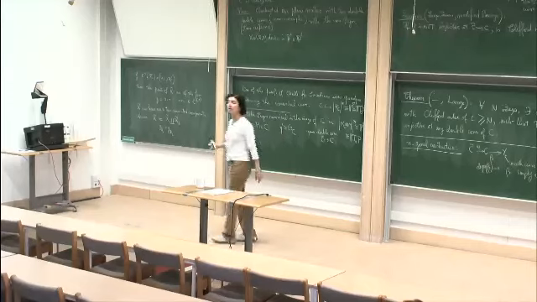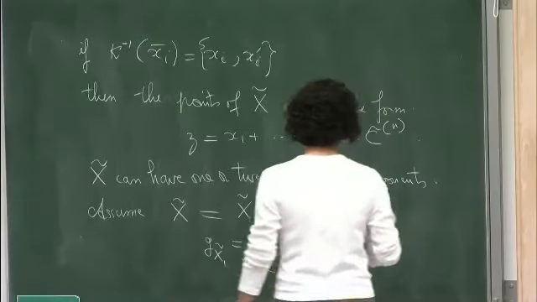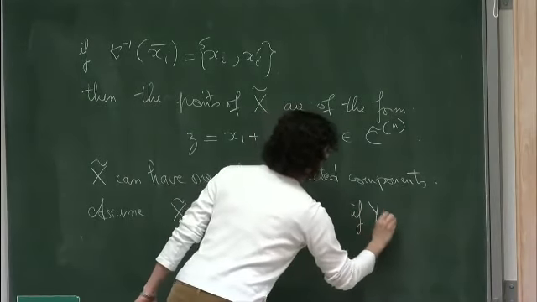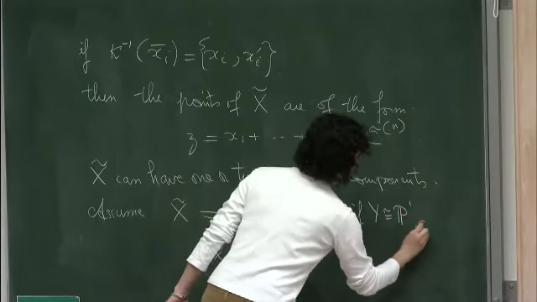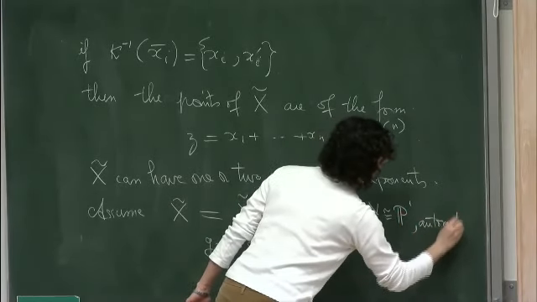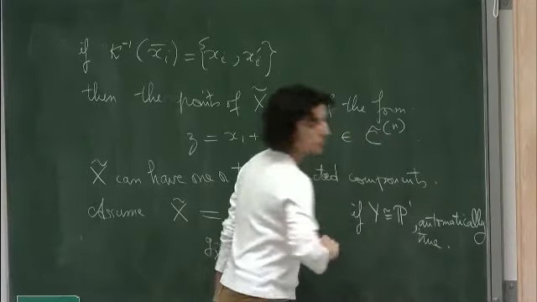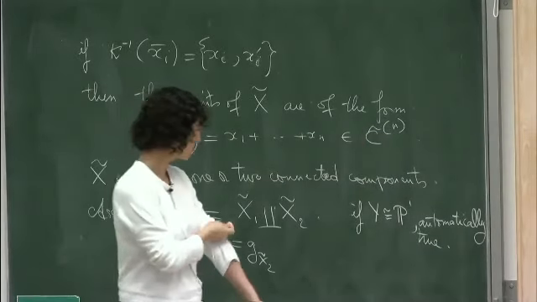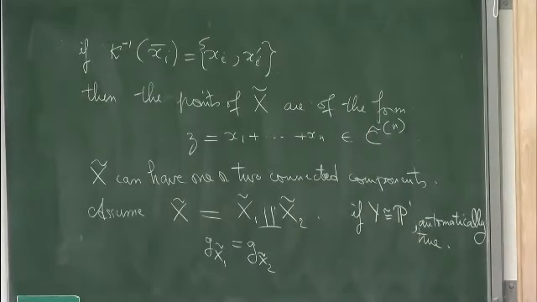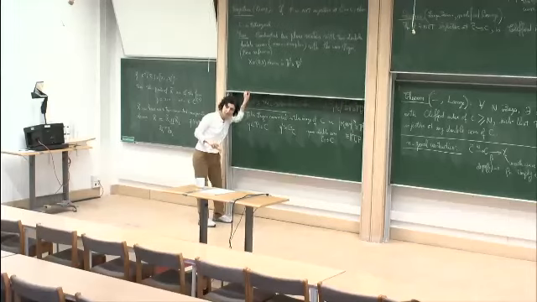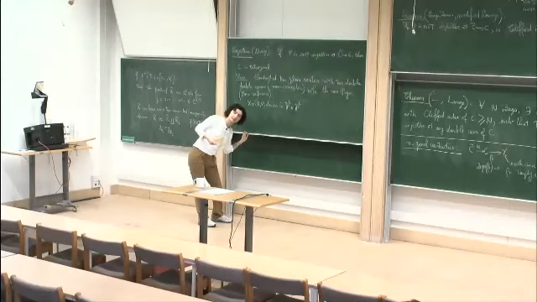For P1, it's automatic. So if Y is P1, that's automatically true. But you can construct examples where it's not true.